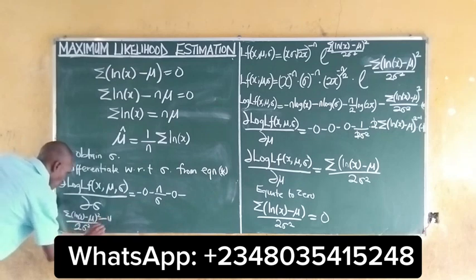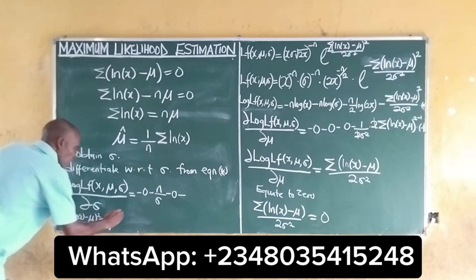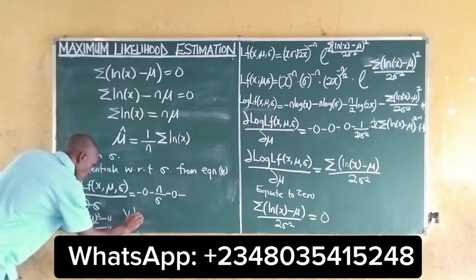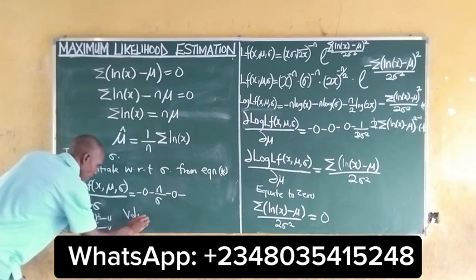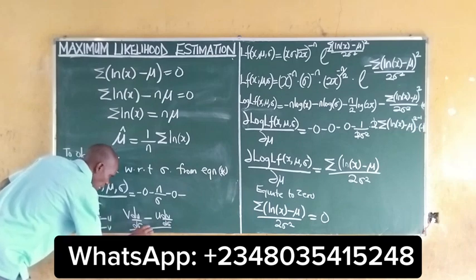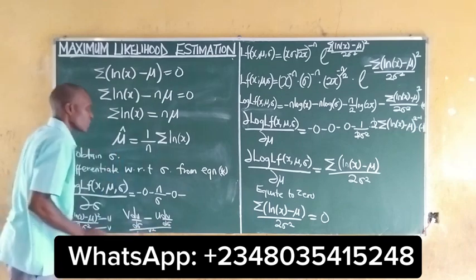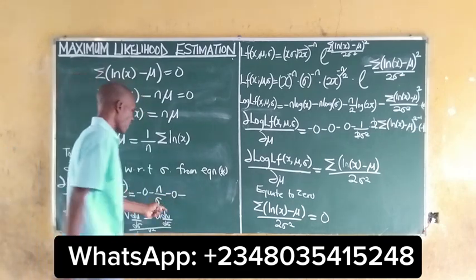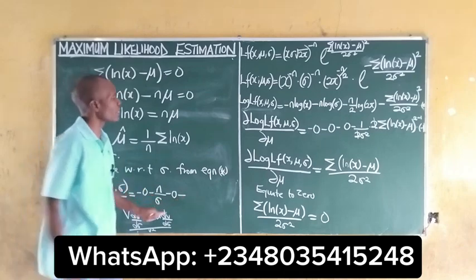So this becomes our u, this becomes our v. And the quotient rule states that v du all over d sigma minus u dv all over d sigma, all over v squared. So this is what we do.